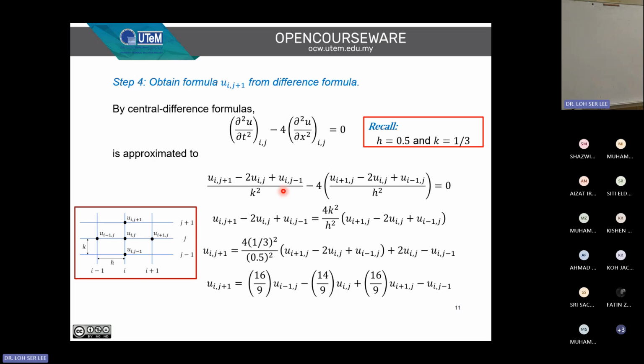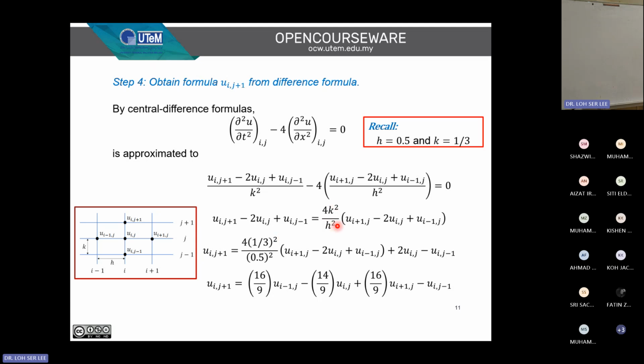We move this back to the right, and k squared we move to the right. That means we have 4k squared over h squared multiplied to this one from here. We simplify, and then we move these two to the right, then we get this 2, with the signs minus, plus, and plus, minus. Now we have u_i,j+1 to lead for your formula.